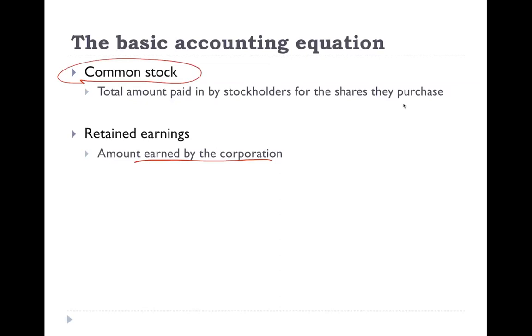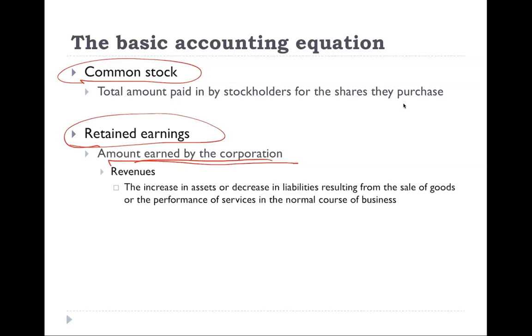And then after the firm is able to purchase some basic ingredients, the raw material, machines, equipment, and then begins to operate, it will be able to generate some earnings by itself, and the amount earned by the corporation is recorded in retained earnings.